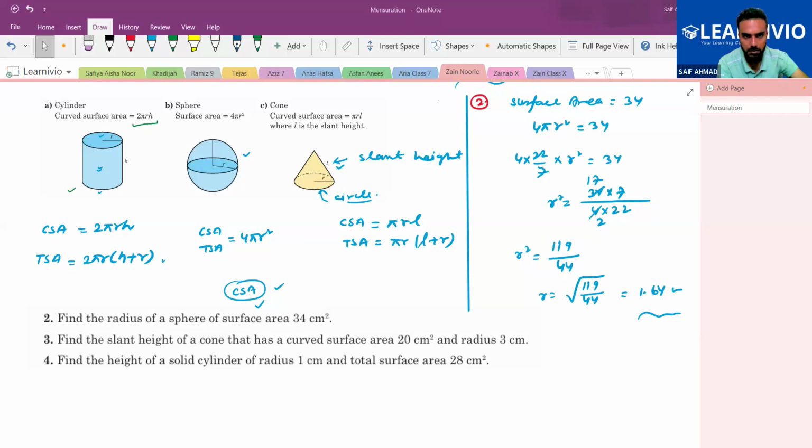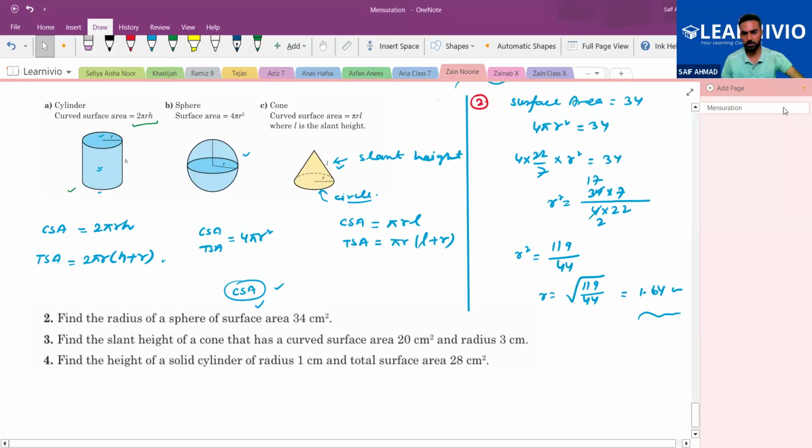2.57. What is the answer for the third one? 2.57.